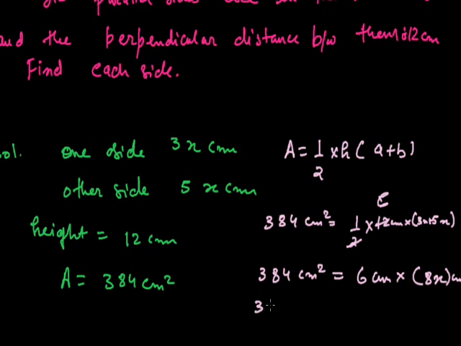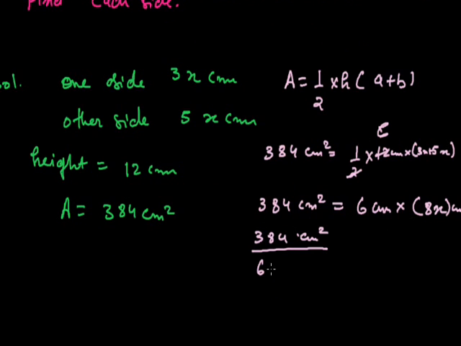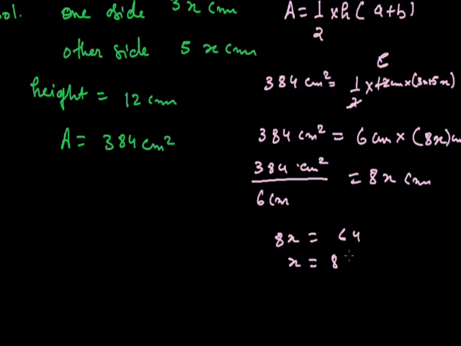So 384 centimeter square divided by 6 centimeter will be equal to 8x centimeter, and also we can write it as 8x is equal to 64. This will give us x is equal to 8. So we have calculated the value of x.